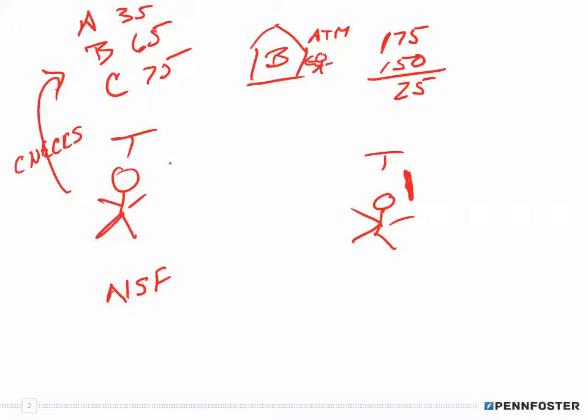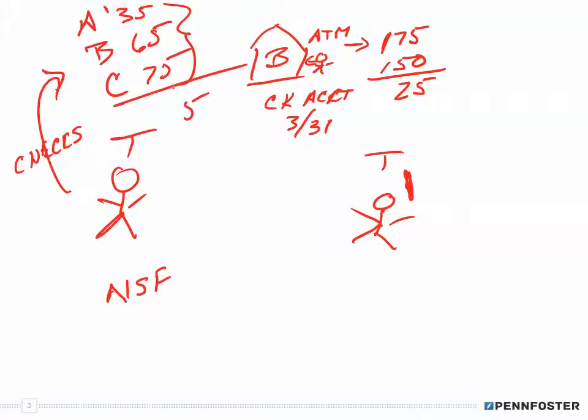But the point is that the bank itself was saying, oh, you have $175 left in your checking account as of the last day of the month. But what this woman failed to do was take into consideration that she had these three checks. Let's total those up, 13, 16, 17. She had these three checks that were outstanding.